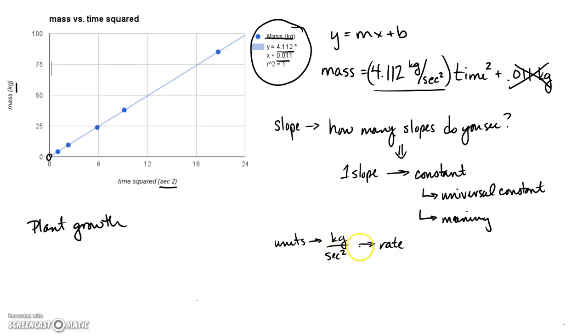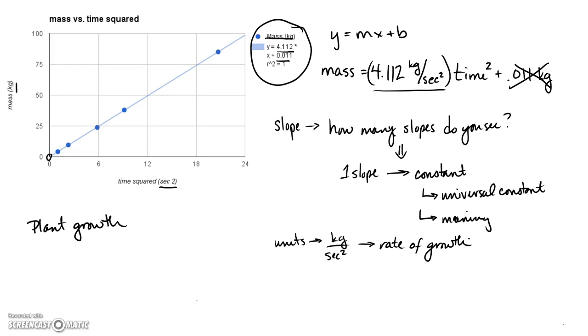And a rate of what two things? Fundamentally, you have mass versus time. So this seems like it's going to be a rate of growth. How fast is the plant growing? How much mass is it gaining every second squared? So this would be a rate of growth. So I'm looking at the units, trying to ask myself, what makes sense?